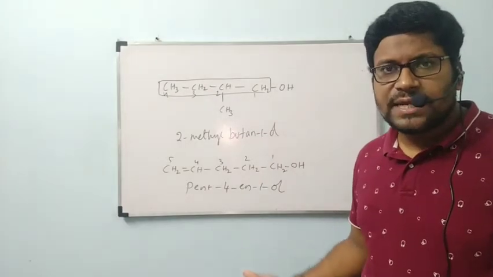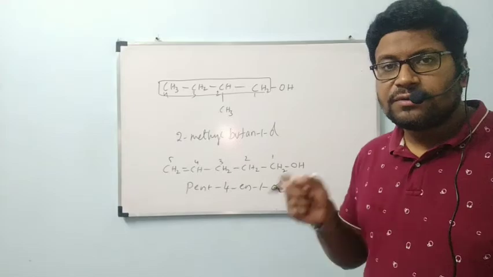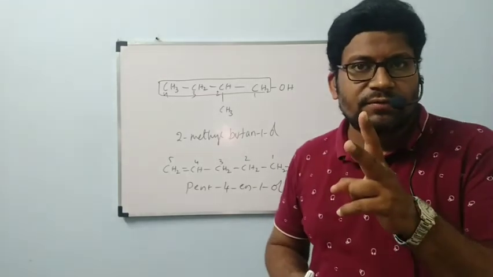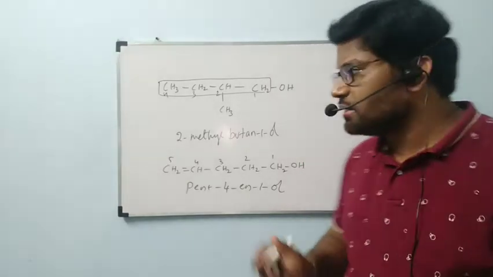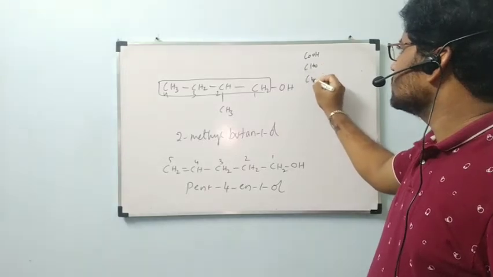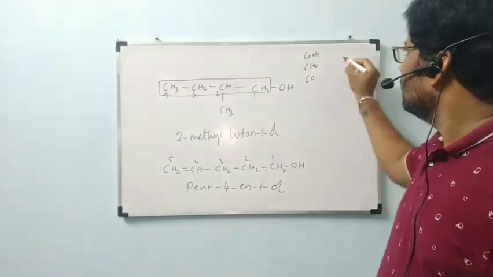Like this, if you have side chains along with functional groups, whatever it is, we have to see to that. Here the important point is that functional groups are of two types. Some functional groups contain carbon atoms in the functional group itself: COOH, CHO, CO. All these contain carbon atoms in the functional group itself.